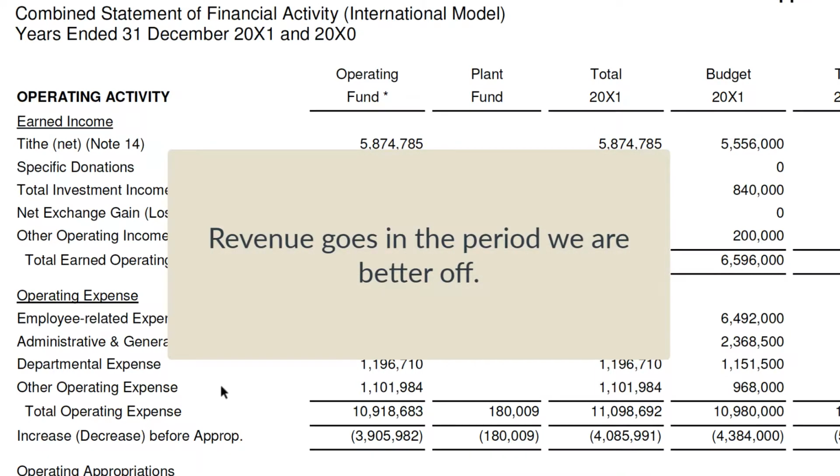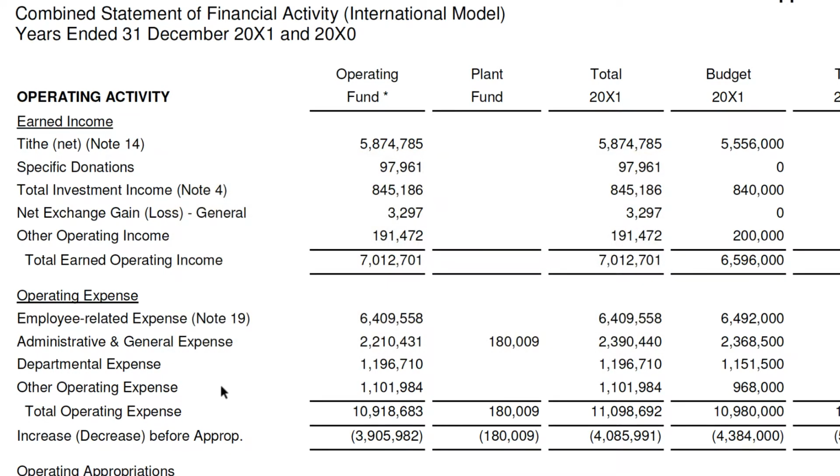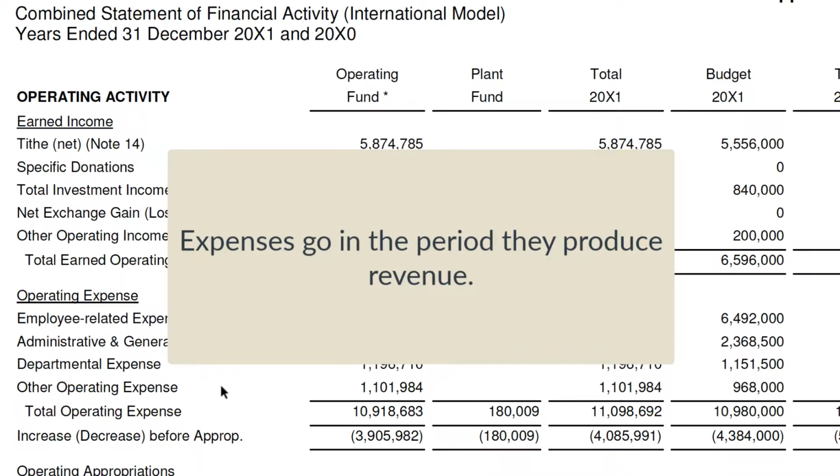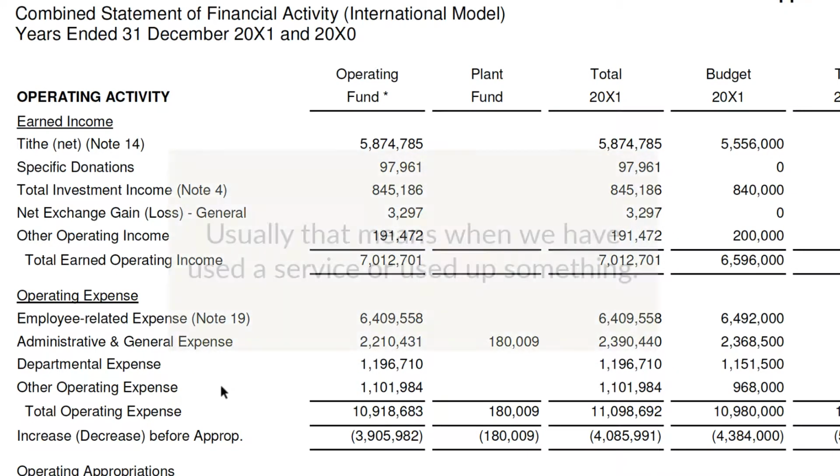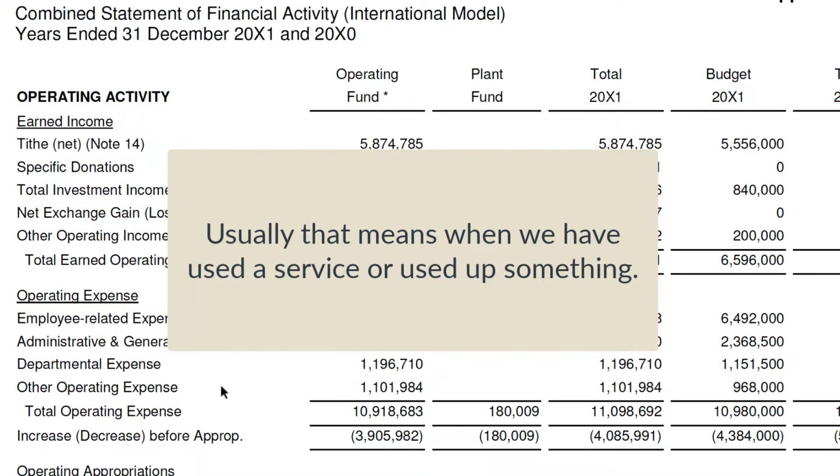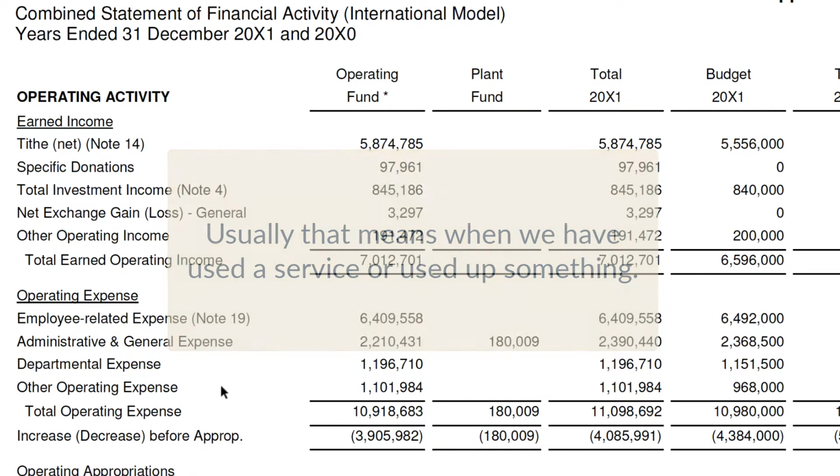We are going to put revenue in the period in which we have earned it, and we're going to match our expenses to that earning period. Usually that means when we've used up a service, when we've received a service.